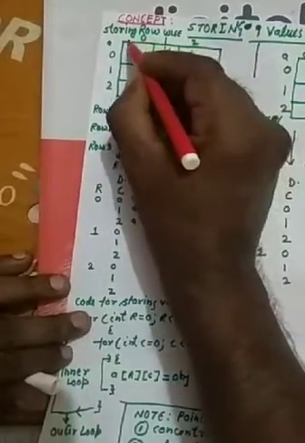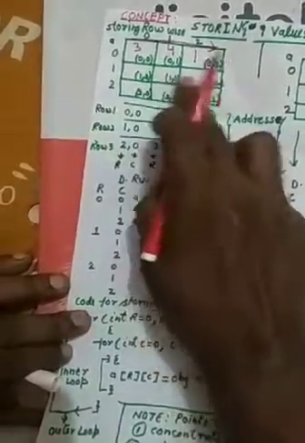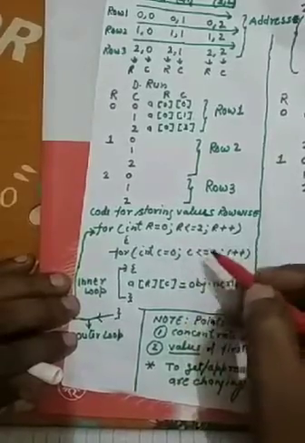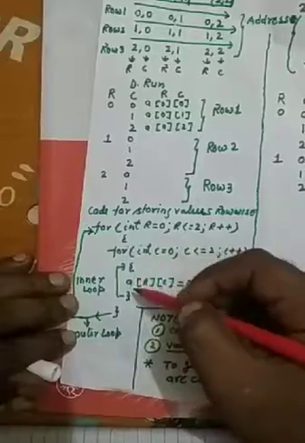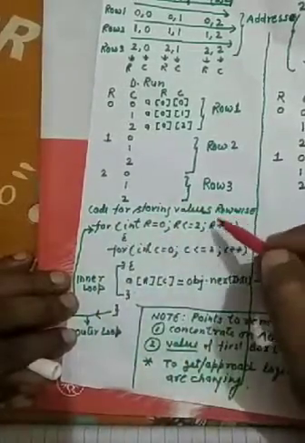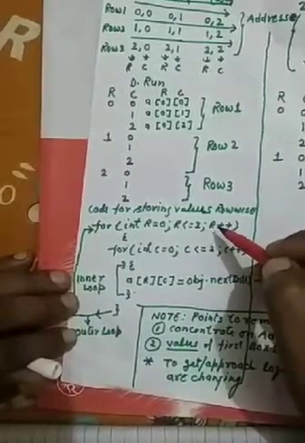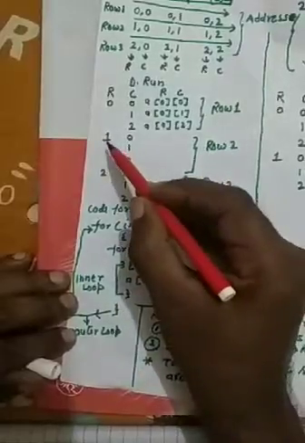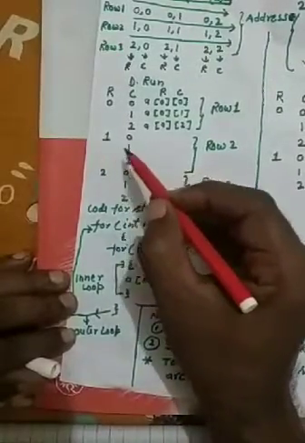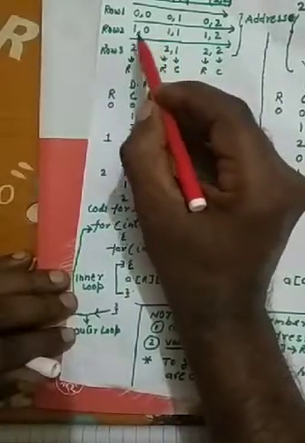So in this fashion we are storing values row wise. After that the value of c will become 3, but we will exit from the inner loop. We will go back and take the next value of r. R means row, and the next row is 1: 1,0, 1,1, 1,2. These are the addresses of the second row.